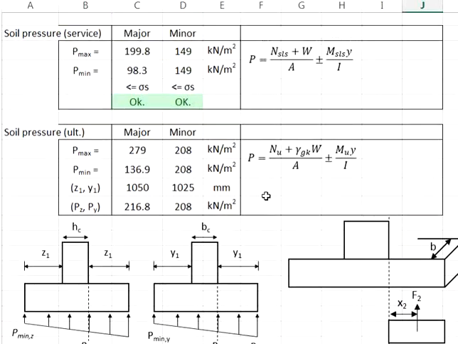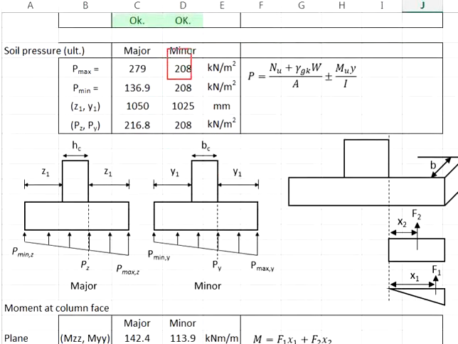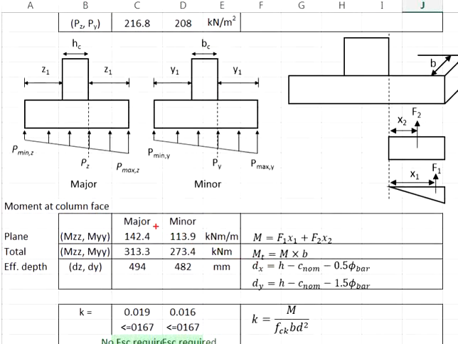It is noted that the stress will be uniform throughout in the minor axis. That means while calculating the moment in the minor axis, there is no triangular shape here. From there, you will be able to obtain the moment acting due to the soil pressure.